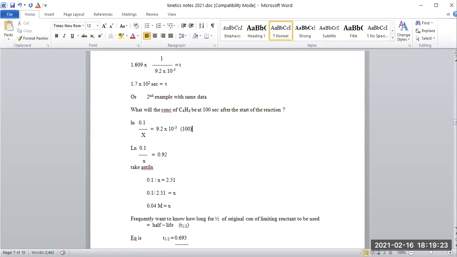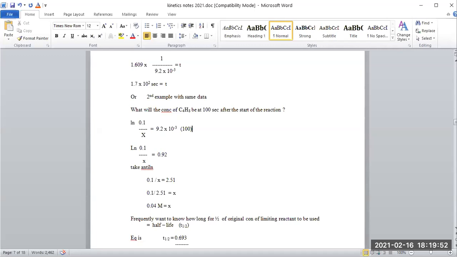So K is the same. This is the same equation. This is the same reaction. My K is still 9.2 times 10 to the negative third. But this time I know what the T is. Multiply those two together. At the moment, I'm kind of stuck because my X, my unknown concentration, is actually inside my parentheses.